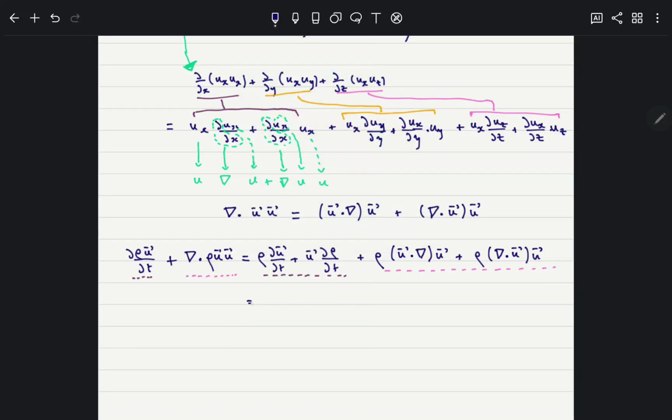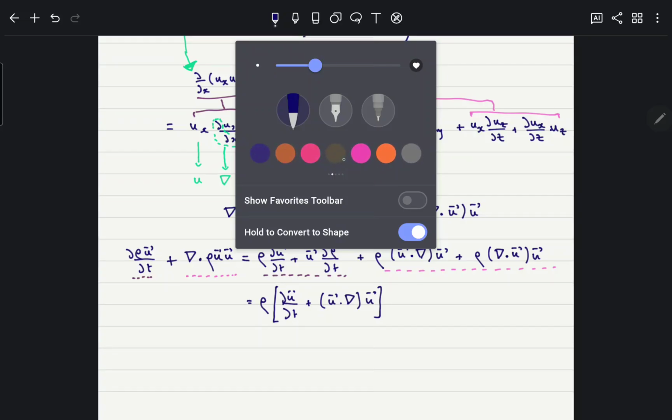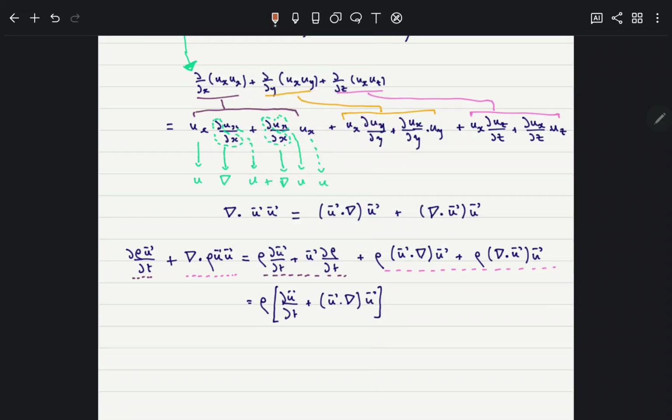Fine, so what I want to do next is reorganize the terms a little bit. So I will take the first term, rho du over dt, and I'm going to combine that with the dot product of u and that operator times u. Okay, so essentially I'm taking this term and I'm combining it with this term, and I put them here.